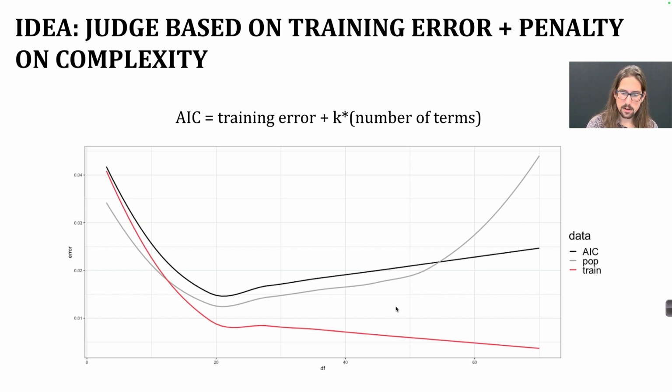This difference here is proportional to how far along we are on the x-axis. That's all that's here in the black. But what you can see is that this black curve, it's not reflective of the population error up here, but down here it actually has a very similar minimum. And so if we use this thing, that will actually also select the right model.